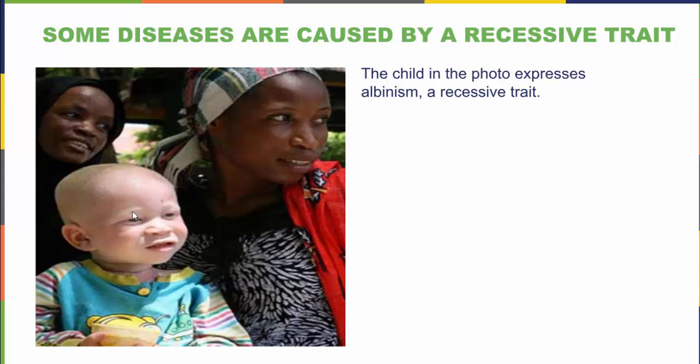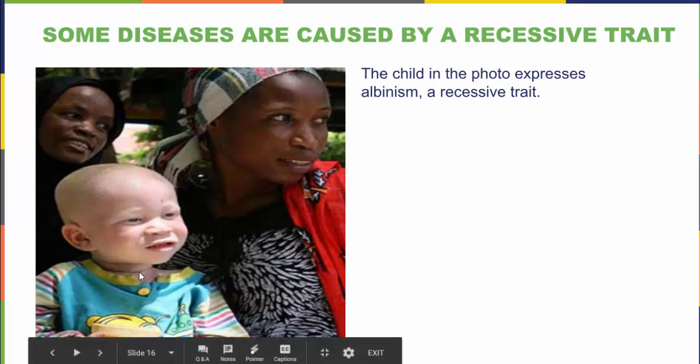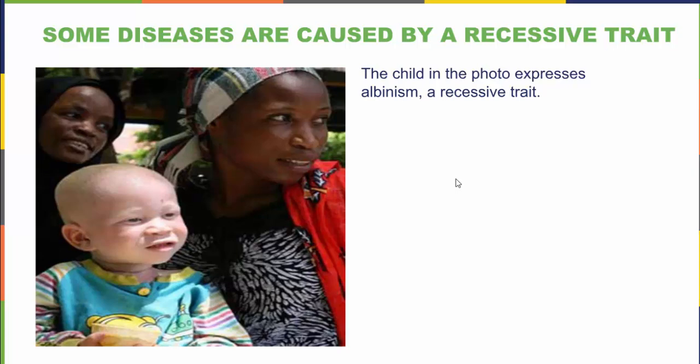And this kid here that has albinism, which is a skin pigment abnormality, is going to be homozygous recessive and have albinism. So different diseases can be caused by different things. Some can be caused by dominant alleles, some can be caused by recessive alleles.